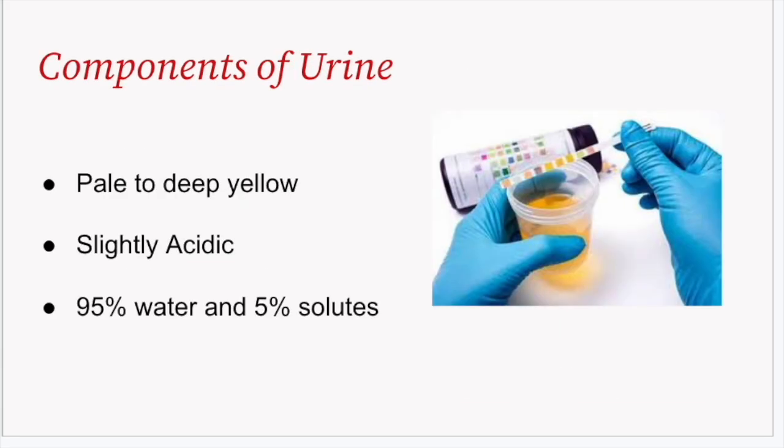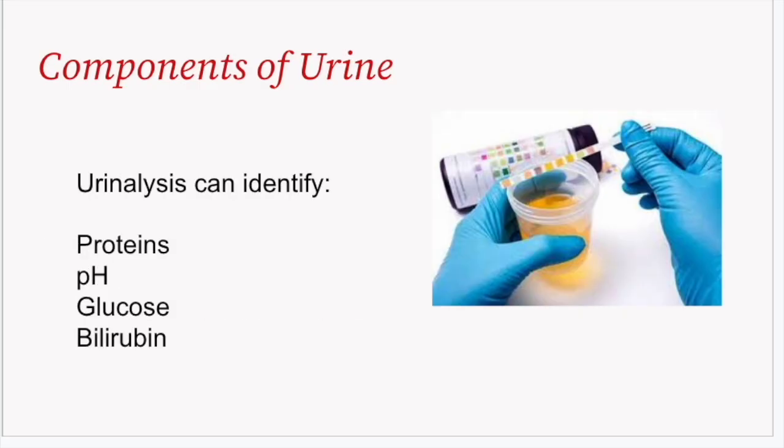And the components of urine in a healthy person, it's pale to deep yellow, it's slightly acidic, it's 95% water, 5% solutes, mostly salts and urea. But we can use urinalysis to identify things like proteins, pH, glucose, bilirubin, white blood cells, that will give us an idea if there's underlying disease or infection happening.